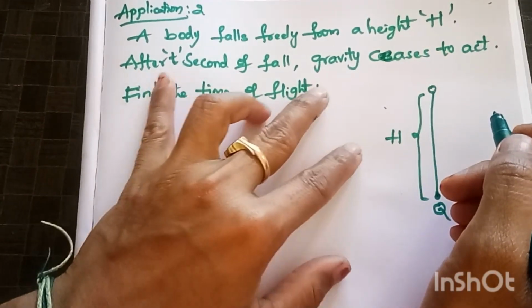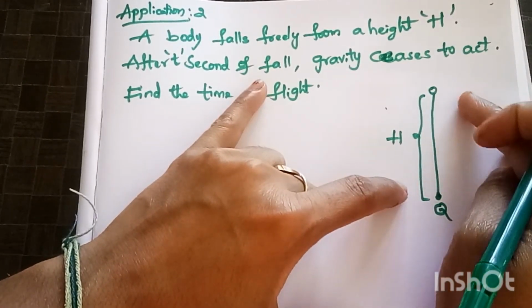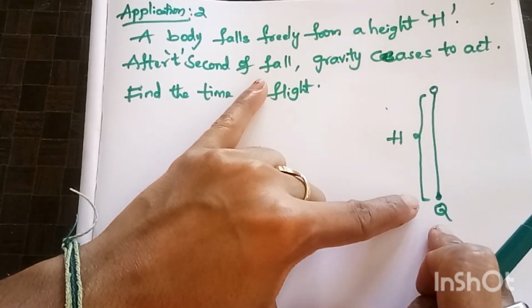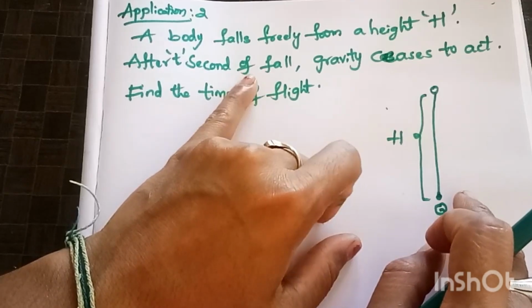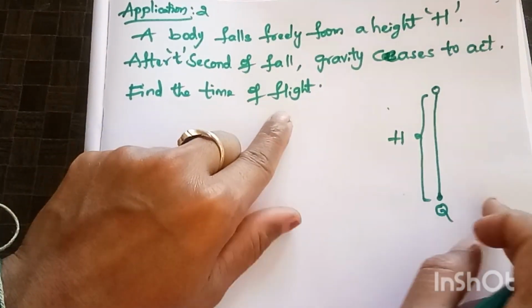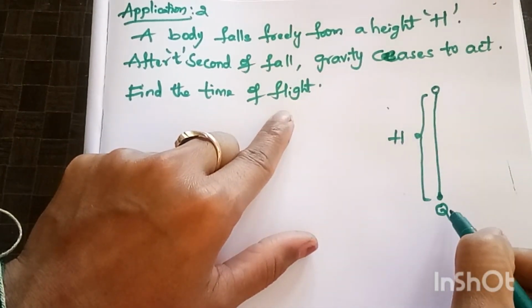So after t seconds of fall, we don't know how much time is taken by the body to reach the ground. After t seconds of fall, the gravity ceased to act. Find the time of flight. Time of flight is the total time taken by the body to reach the ground.